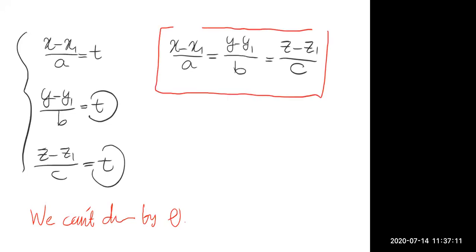So x minus x1 over a is equal to y minus y1 over b is equal to z minus z1 over c. The equation we have here is called the symmetric equation of a line.